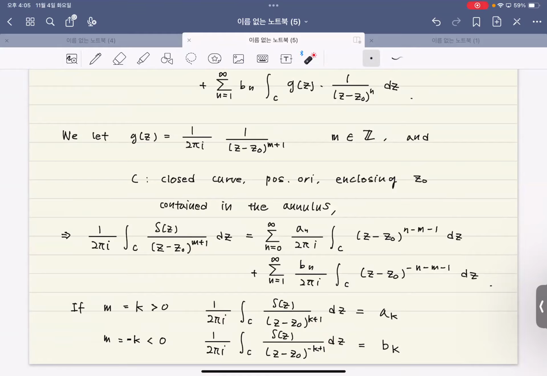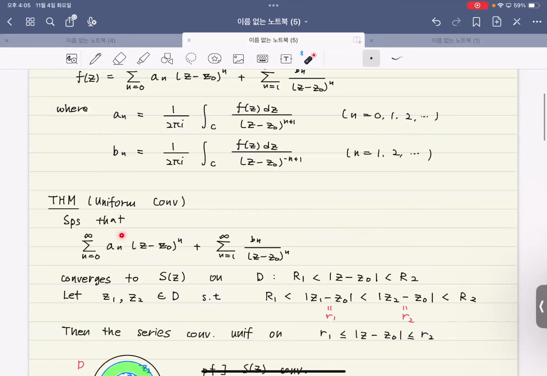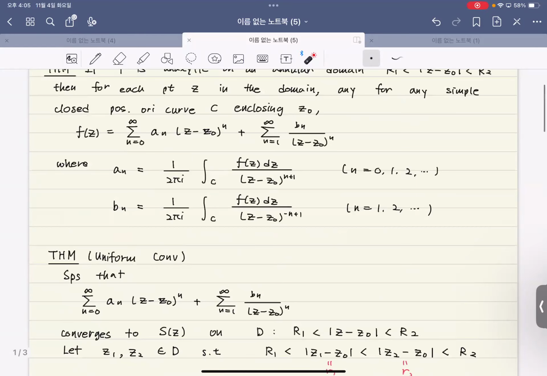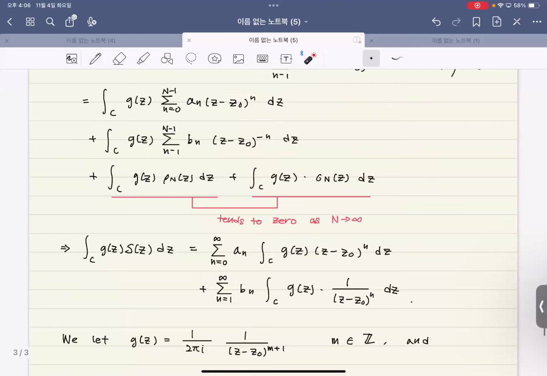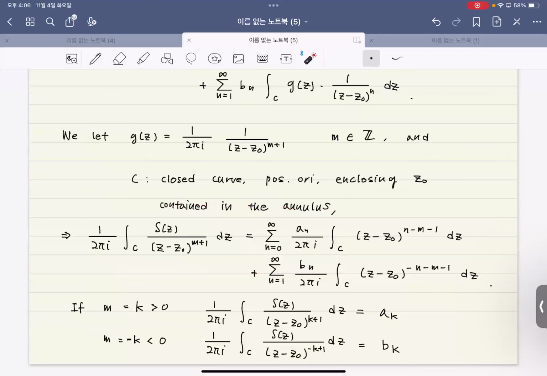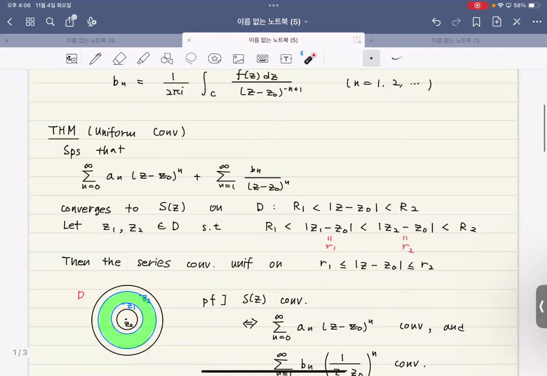So what do I know from here? These two coefficients, a_n and b_n, follow precisely the same form as the two coefficients given in the Laurent theorem, right? So this implies that this is actually the Laurent series of this function.